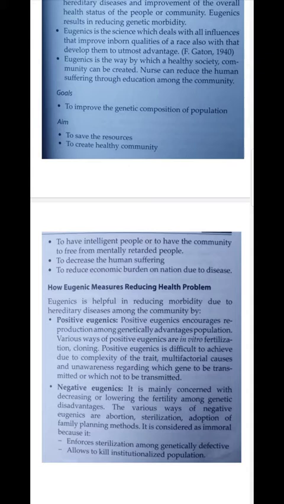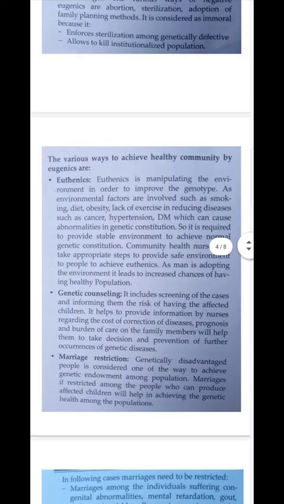The parents or a couple can adopt these methods. So there are various ways to achieve a healthy community by eugenics. Okay, there are many methods to achieve a healthy community, like euthenics, genetic counseling, marriage restriction, birth control, early diagnosis and treatment, and segregation of the family ill from the normal. These are certain ways.